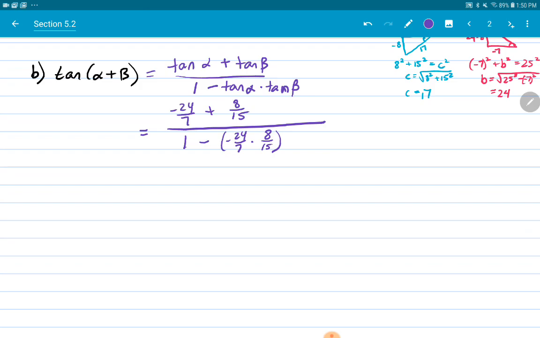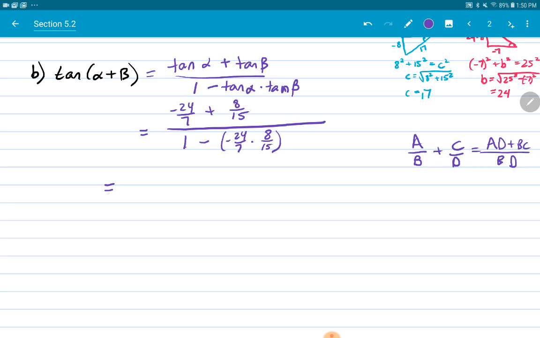I need to add the fractions in the numerator. When I add negative 24/7 and 8/15 together, I need a common denominator. So I'm going to use that A over B plus C over D equals AD plus BC over BD formula to add those two fractions together.